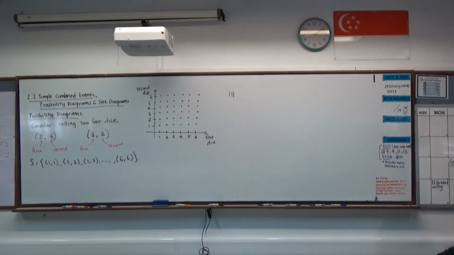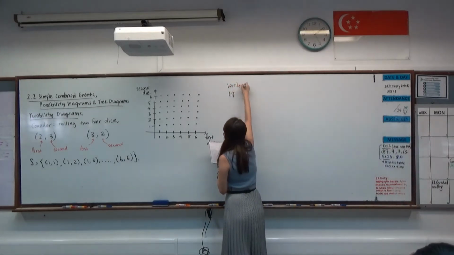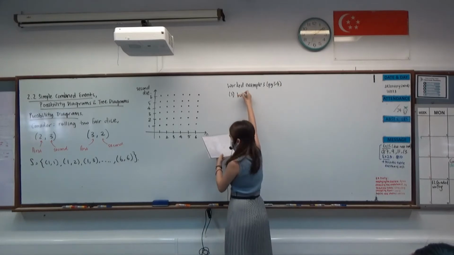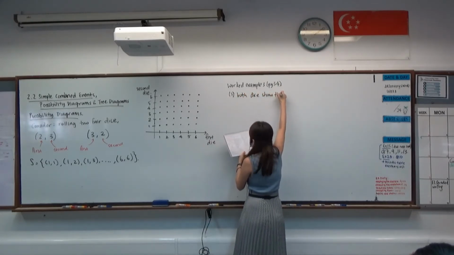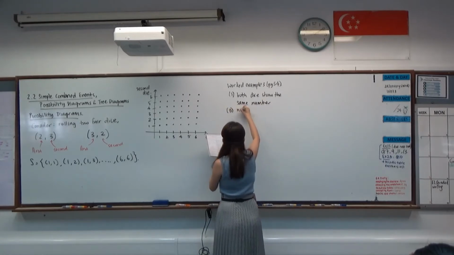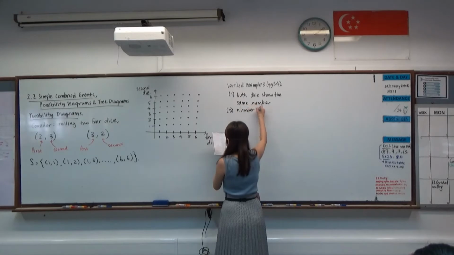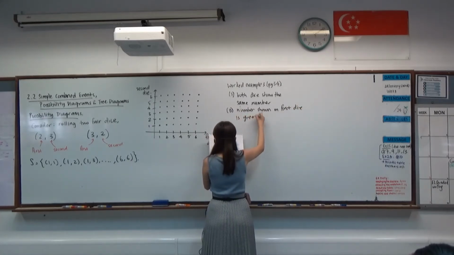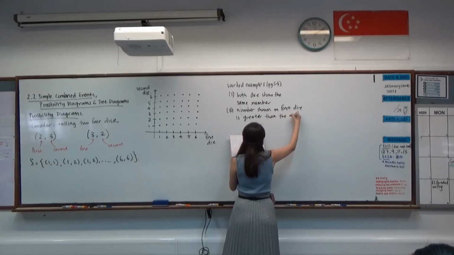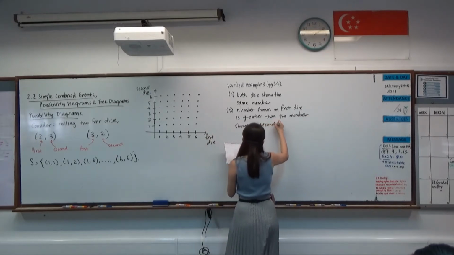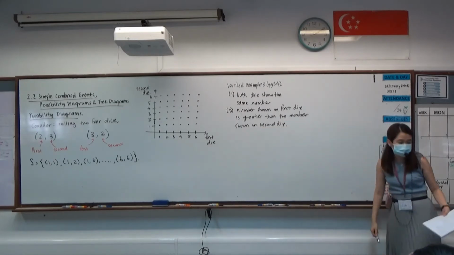Now let's make use of the worked example found in your textbook, page 34, to find out what the probability is.